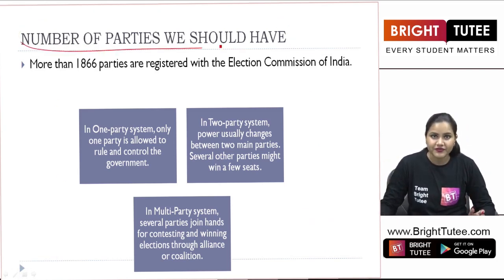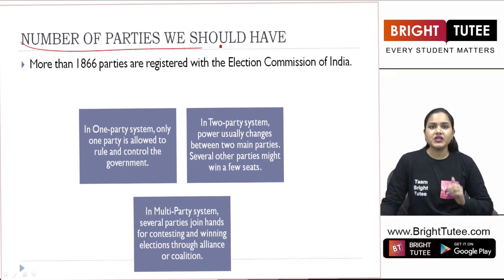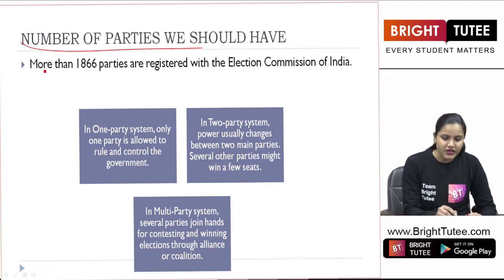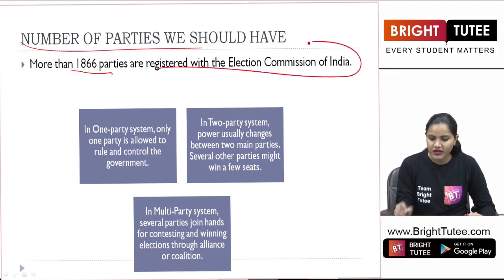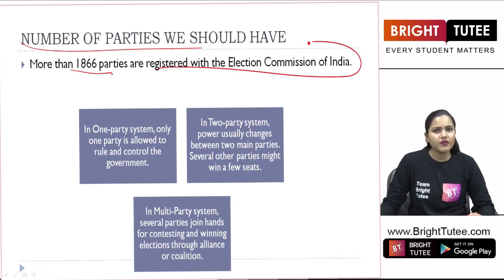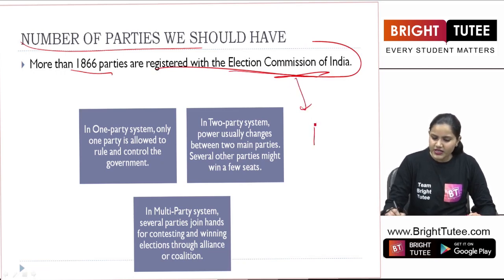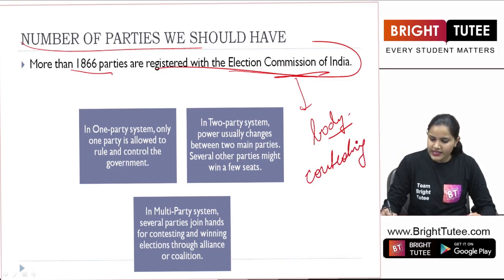country have. Now if we look at the present data, we see that more than 1,866 parties are registered with the Election Commission of India. Now, have you heard the term Election Commission, students? So, it is a body, a commission that is responsible for contesting elections in India.